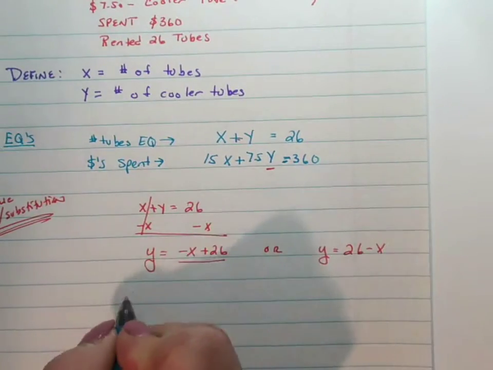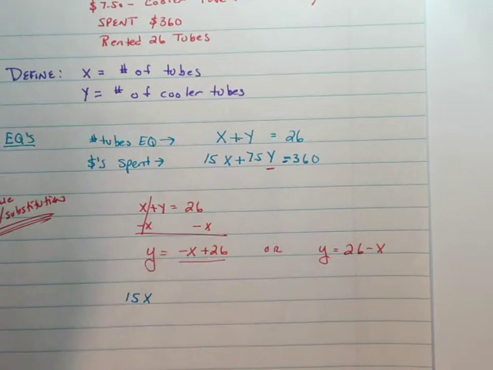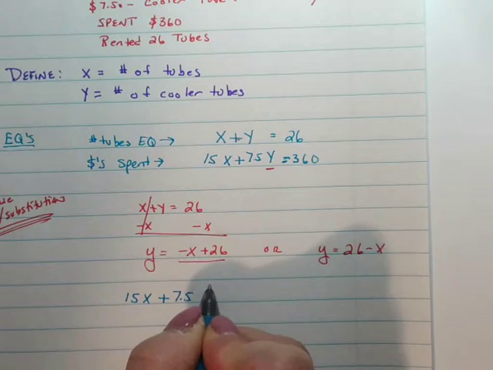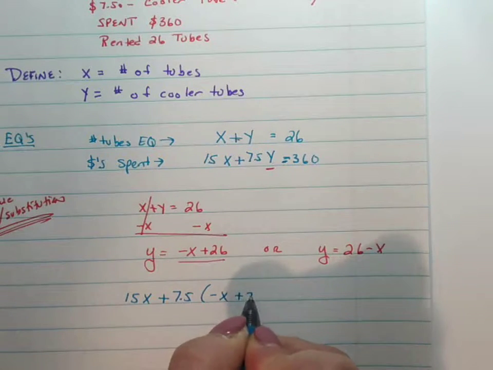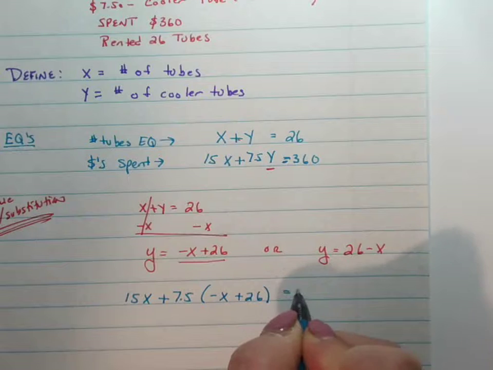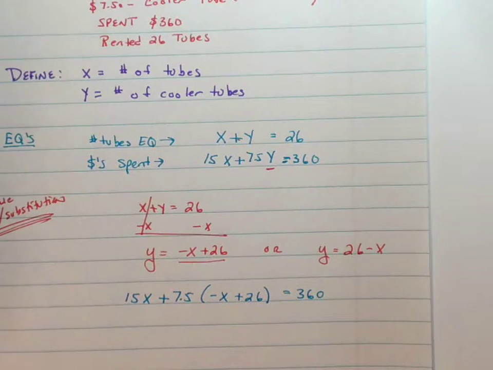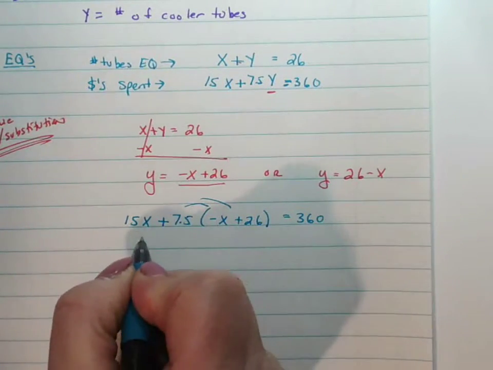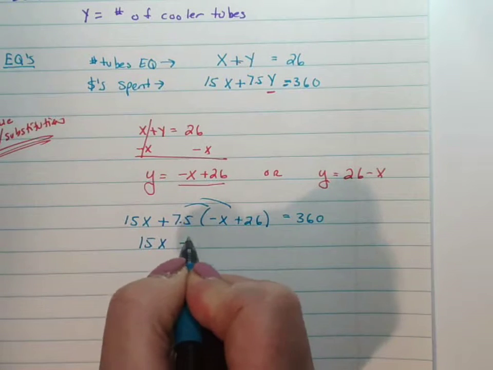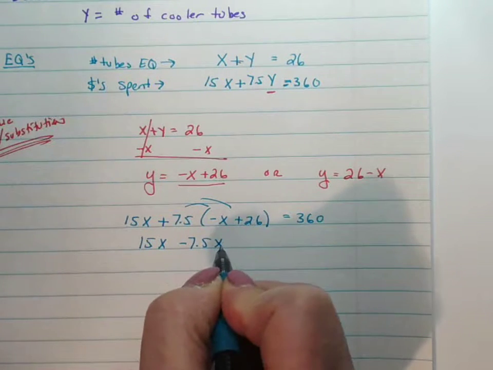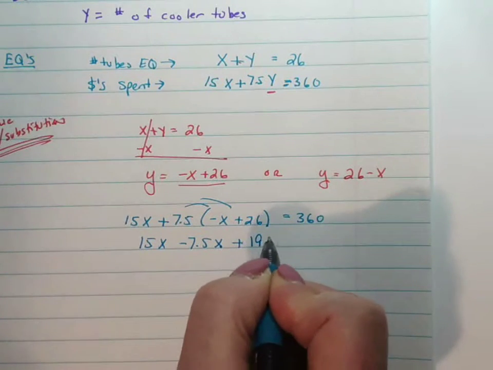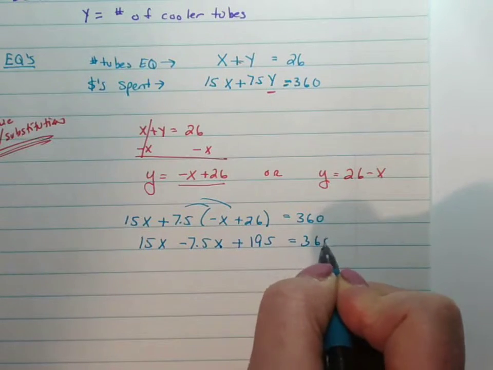So 15x plus 7.5 times negative x plus 26 equals 360. You're going to distribute: 15x minus 7.5x plus $195 equals 360.